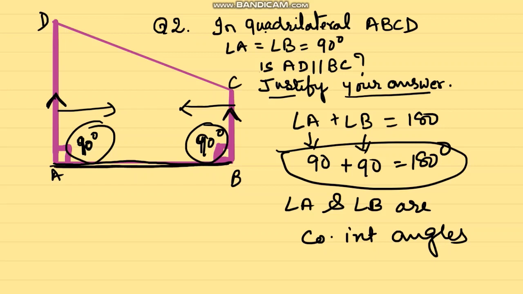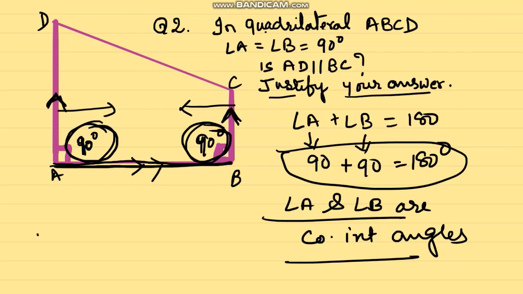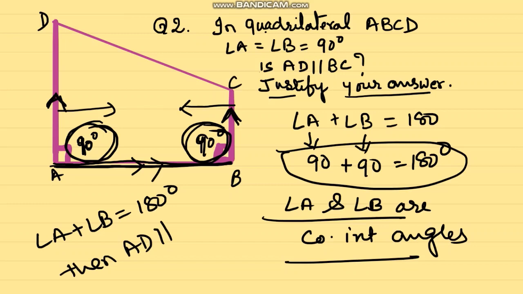AD and BC have been intersected by the transversal, and these two angles, angle B and angle A, are inside these two lines. So you can say that these two are co-interior angles. When the sum of co-interior angles is equal to 180 degrees, then lines are parallel. Then AD is parallel to BC.